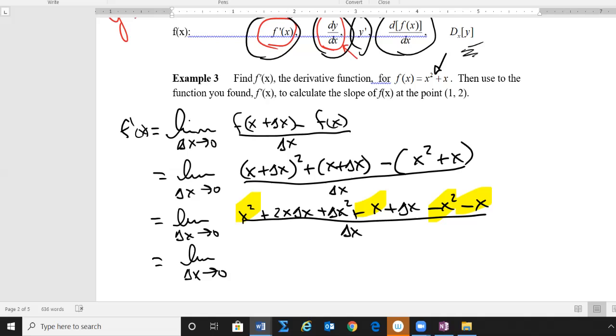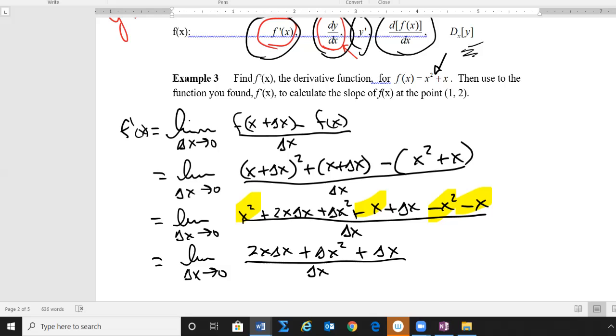So I have 2x delta x plus delta x squared and then plus a delta x, all divided by delta x.